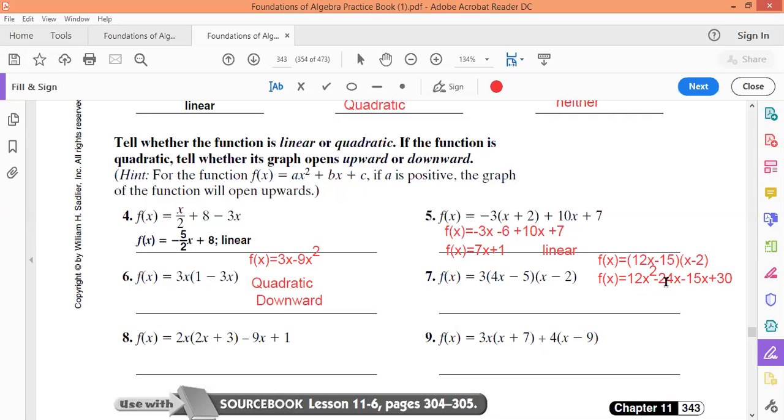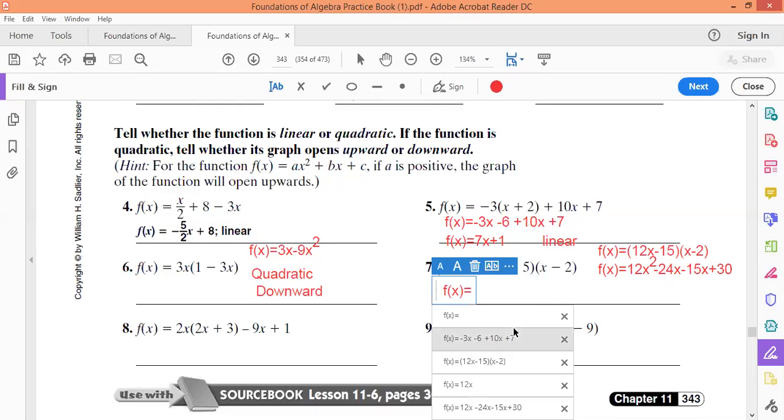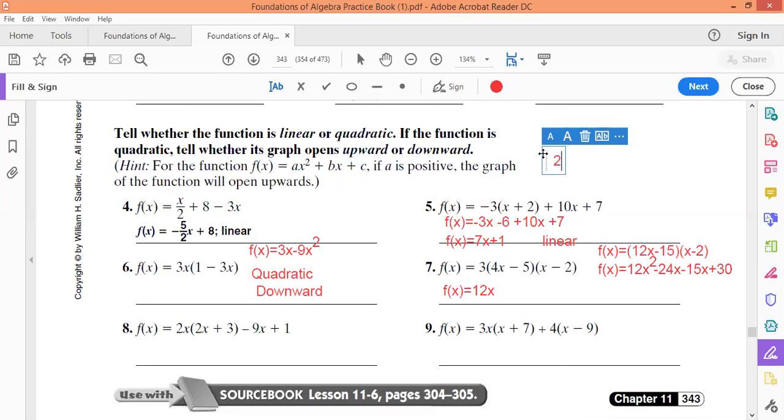Simplify this one. There are two x values. You can simplify this. f of x will be equals to 12x square. Add them, both are negative, negative 24x and negative 15x. Add them, it will be negative 39x and then plus 30.